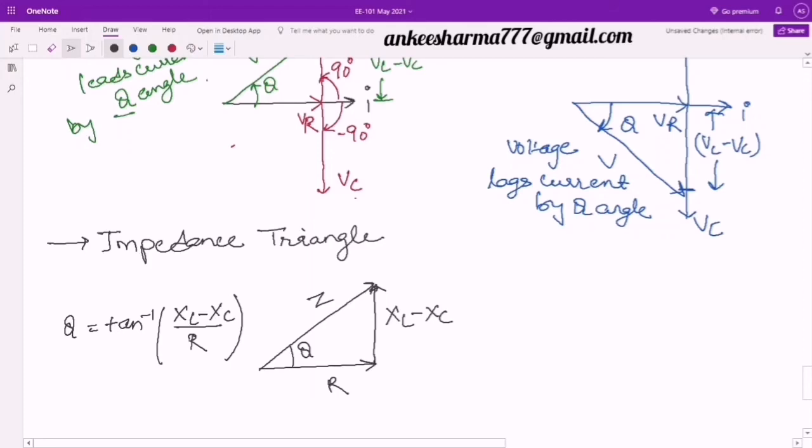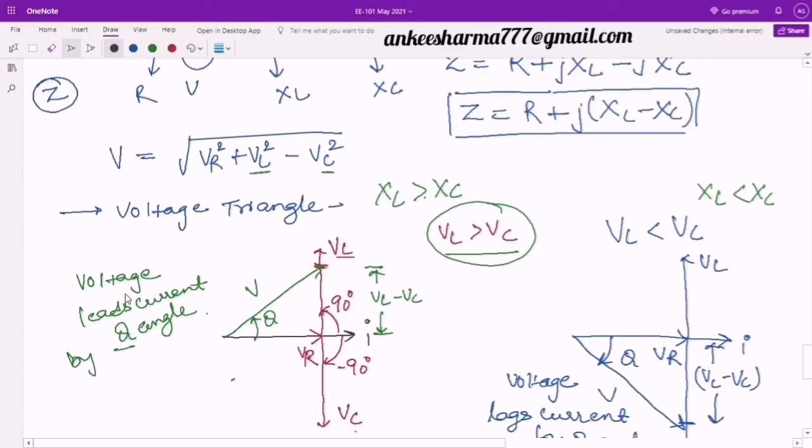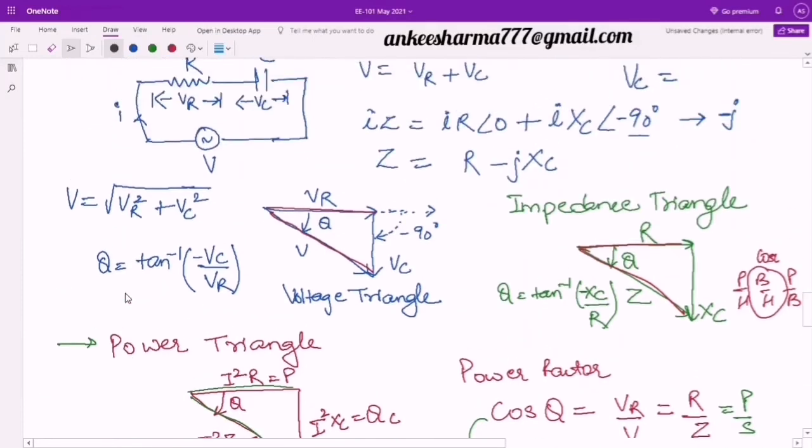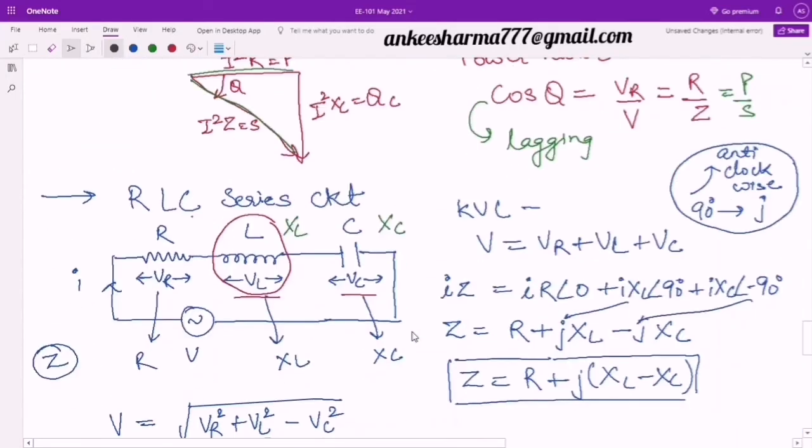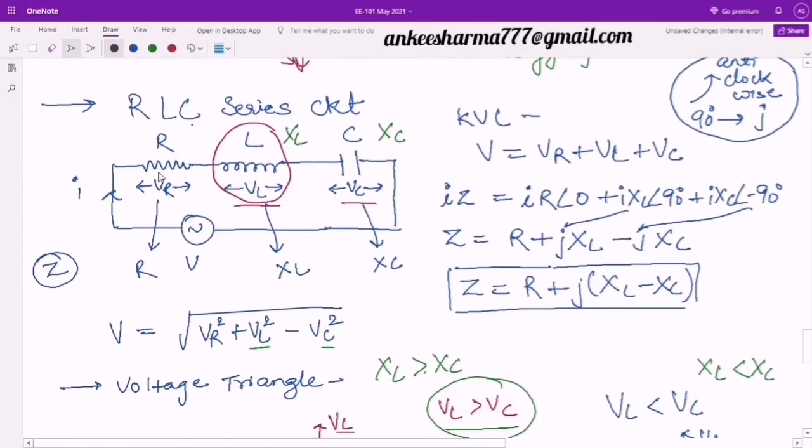So these are the different cases that we have discussed today. That is RL, where only the resistor and the inductor are present. Then we have this RC, where the resistor and the capacitor are present. And then we have taken the combined case where all these R, L and C are considered in series, and we have seen how this is going to have different impedances depending upon the value of XL and XC.